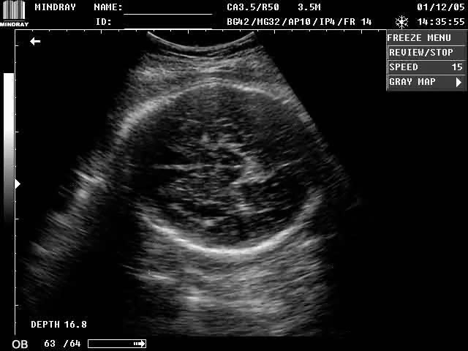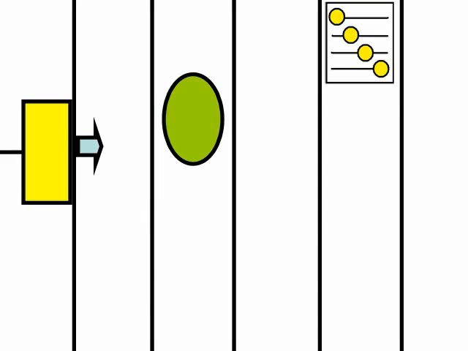This is a typical refraction artifact that happens in the cranium of the fetus. These shadows at the side are artifacts. This is the explanation of the refraction.